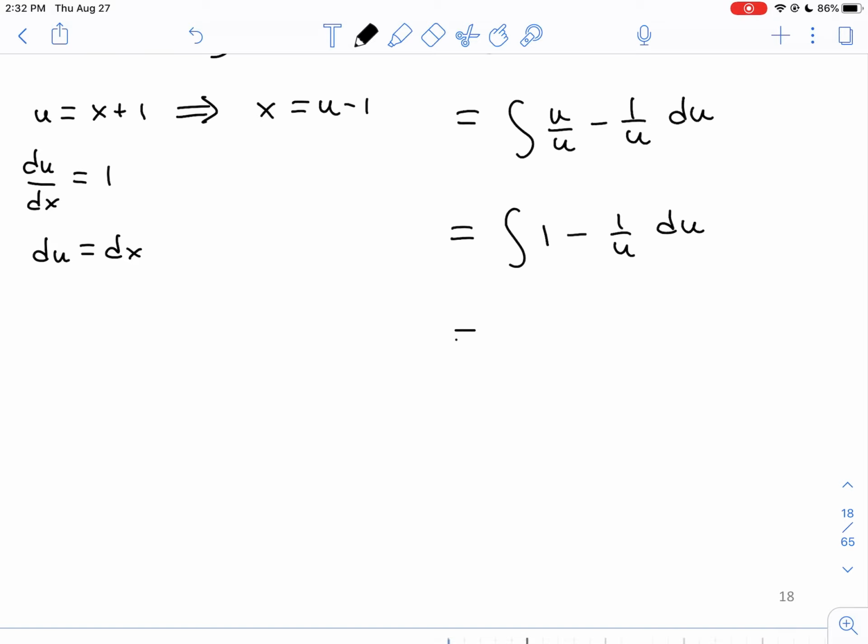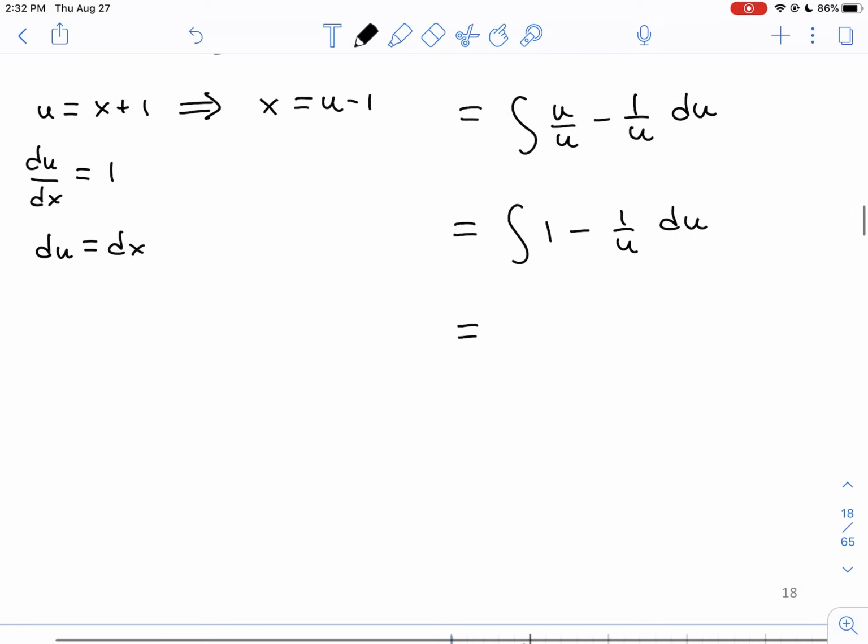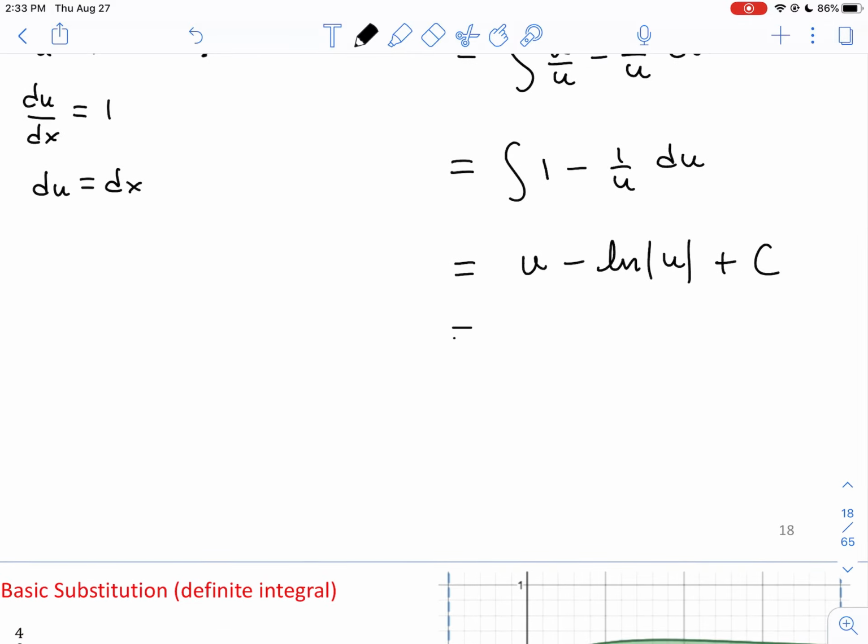And the antiderivative of 1 is, you think it, and then I'm going to say it. Some of you might have been thinking x, but that's only when the differential is dx. You have to use the differential to know how to antidifferentiate a constant. So the antiderivative of 1 with respect to u is u. And then the antiderivative of 1 over u is natural log of absolute u. And then plus c.